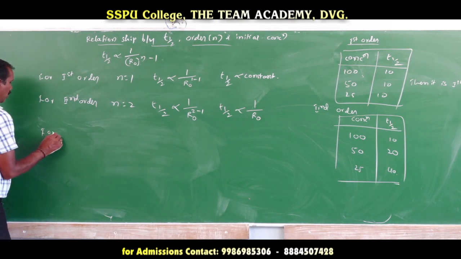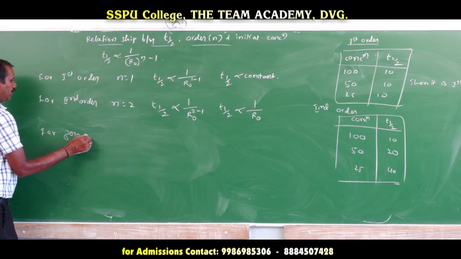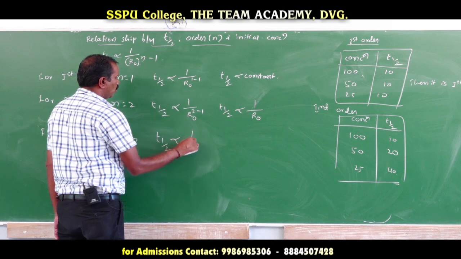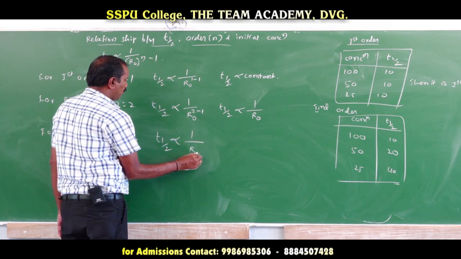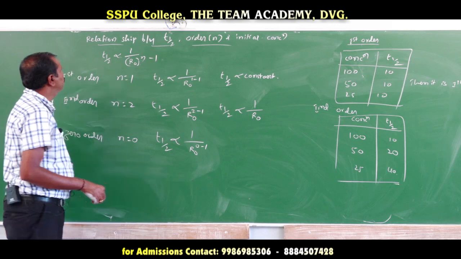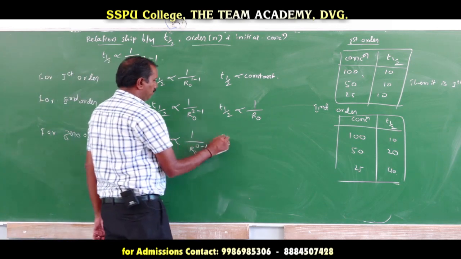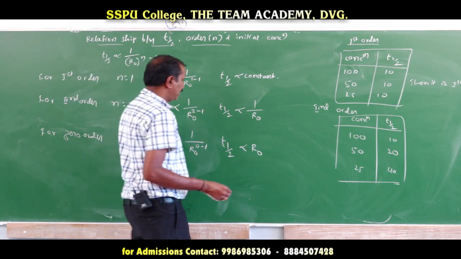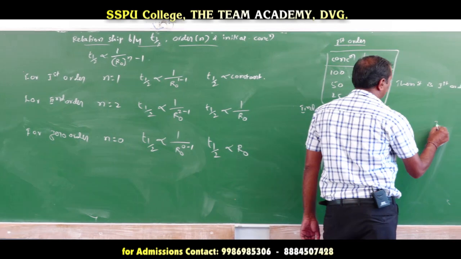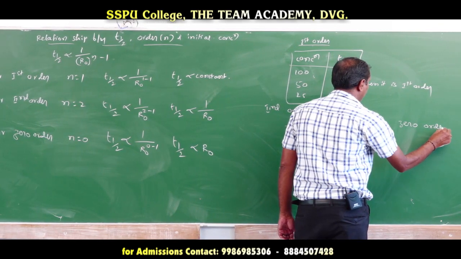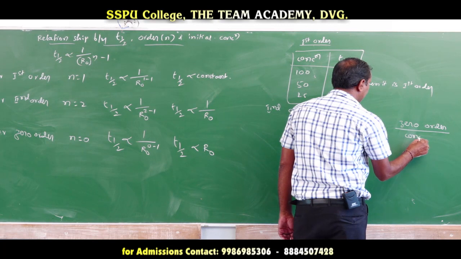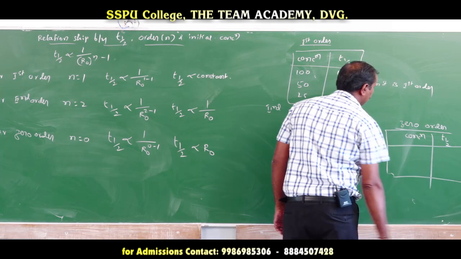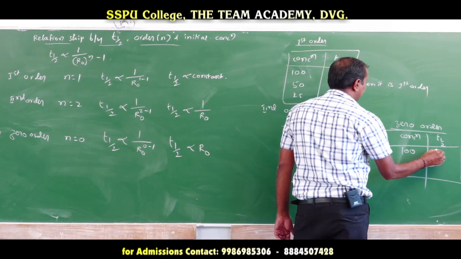So for zero order, the n value is 0, T half is directly proportional to R naught to the power of 0 minus 1. Minus 1 means T half is directly proportional to R naught. For zero order, concentration versus T half: concentration is 100, T half is 10.